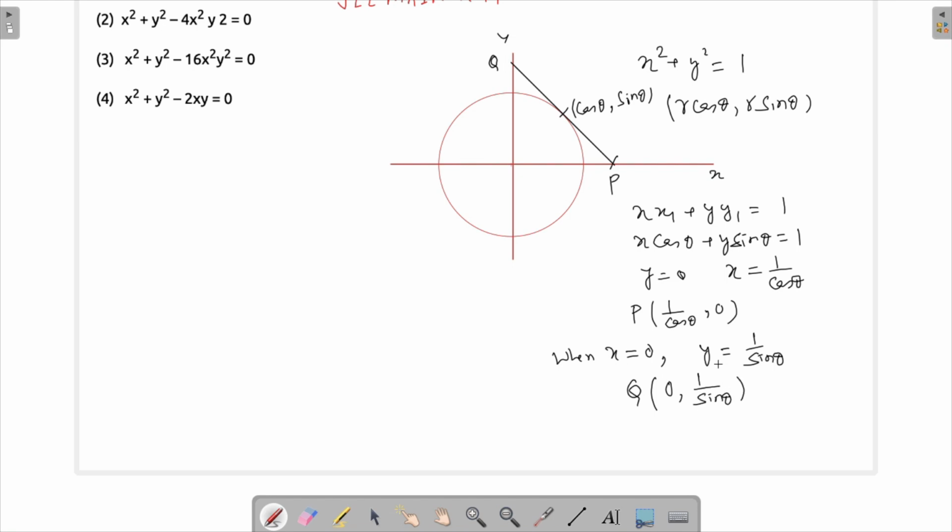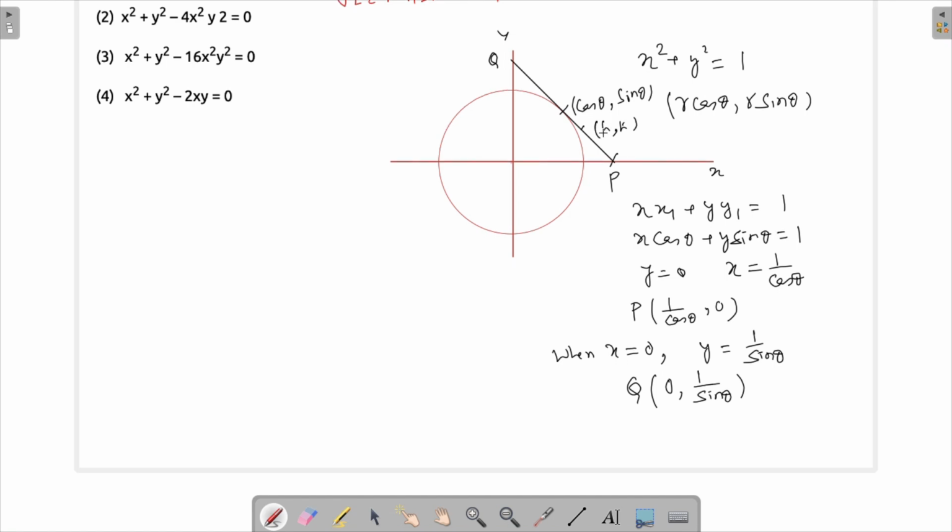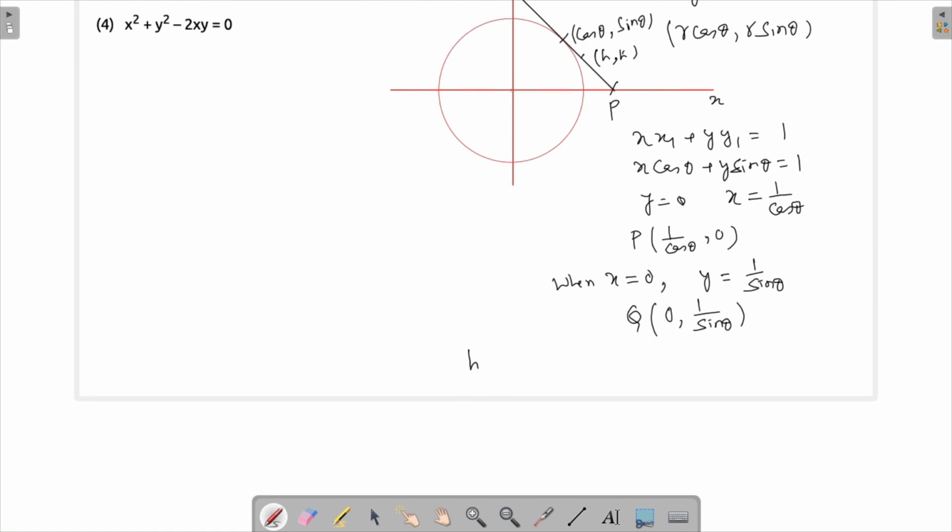Now, we're supposed to find the midpoint of line segment PQ. That could be anywhere, and this is what we're calling the midpoint. The coordinate of that is h comma k. So h would be equal to x1 plus x2 by 2, that will be my x coordinate, and k would be y1 plus y2 by 2.